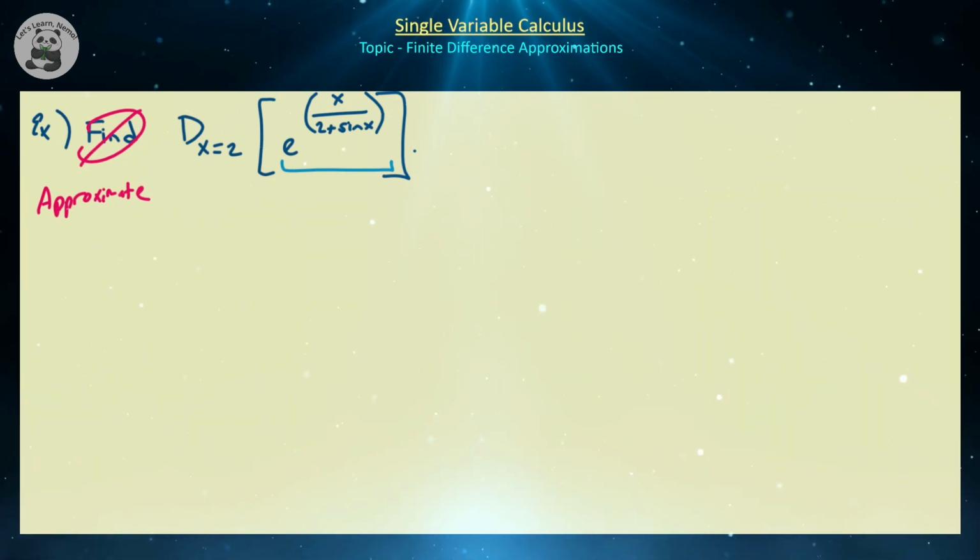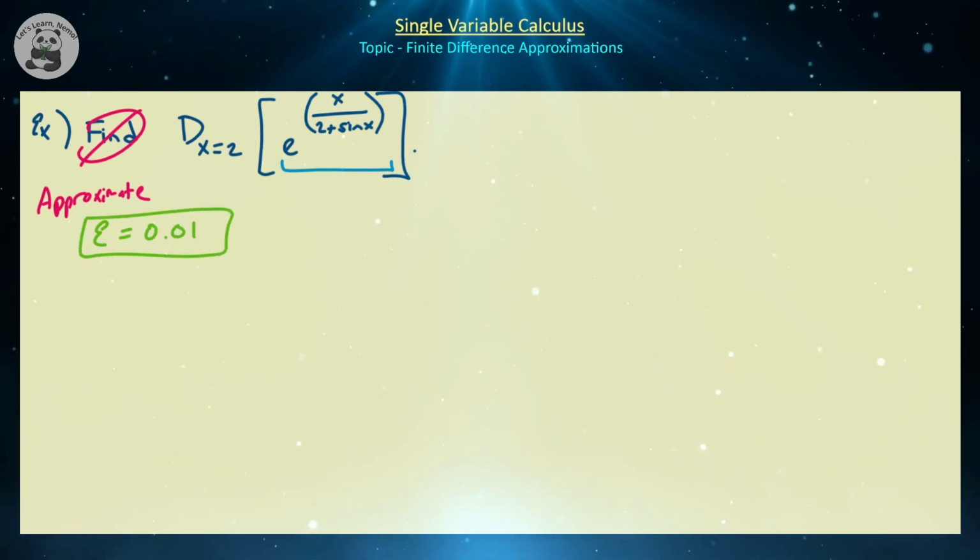And regardless of what that function is, you can always use finite difference approximations to approximate that derivative up to whatever degree of accuracy you desire, because you choose what that epsilon is equal to, and obviously the smaller the epsilon, the better. So, just for demonstration purposes, we're going to choose 0.01 for our epsilon value.